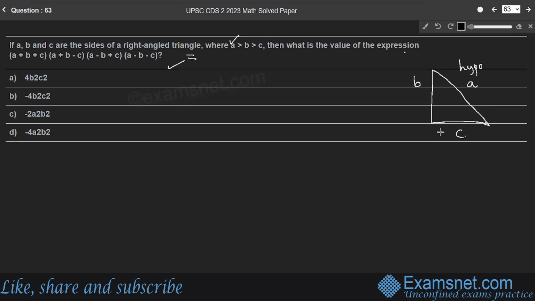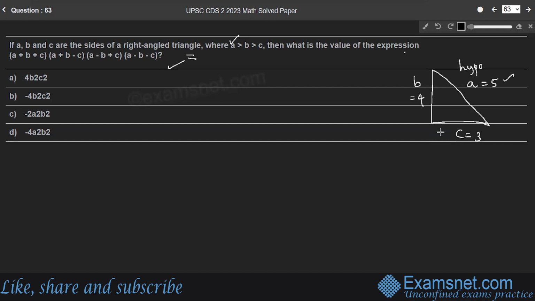In a right angle triangle, we'll take the triplets. 3, 4, 5 is a triplet which satisfies the Pythagoras theorem. So A can be taken as 5, B can be taken as 4, and C equal to 3. Where A greater than B greater than C, and 5 square is equal to 4 square plus 3 square. It satisfies the Pythagoras theorem.